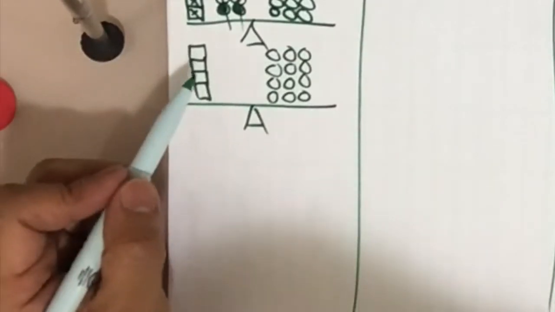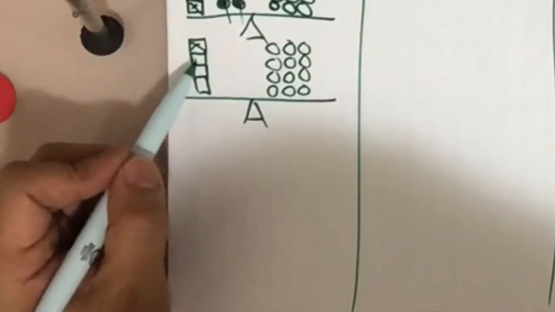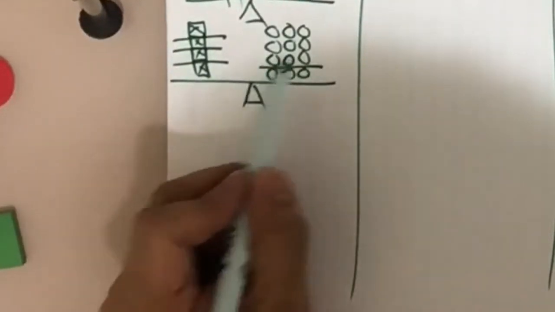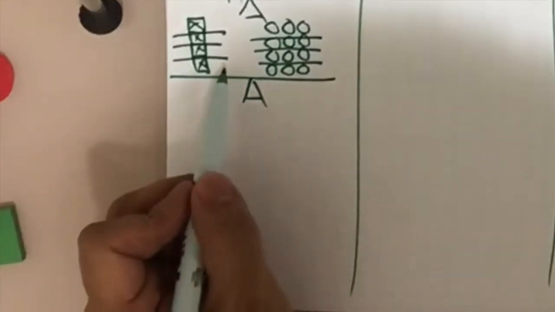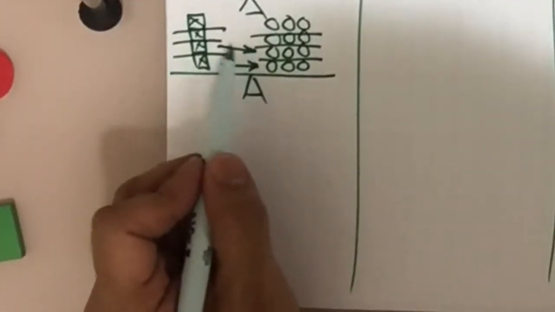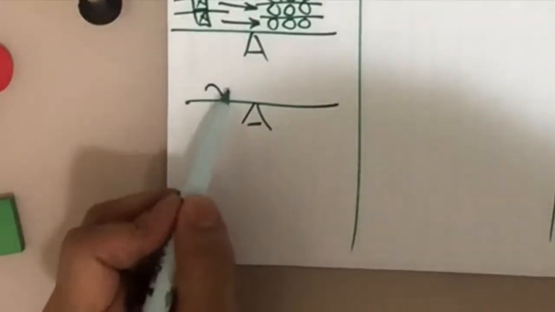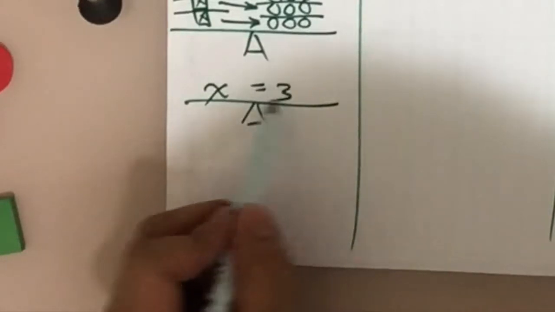I want to know the value of 1x. So to know the value of 1x, I could split this into 4. On the other side, I could split into 4. So each of the x would actually have a value of 3. So on the left side, I could say now that x is equal to 3.